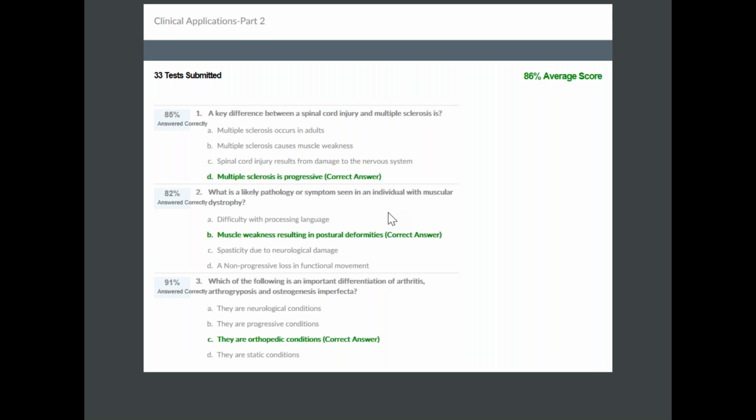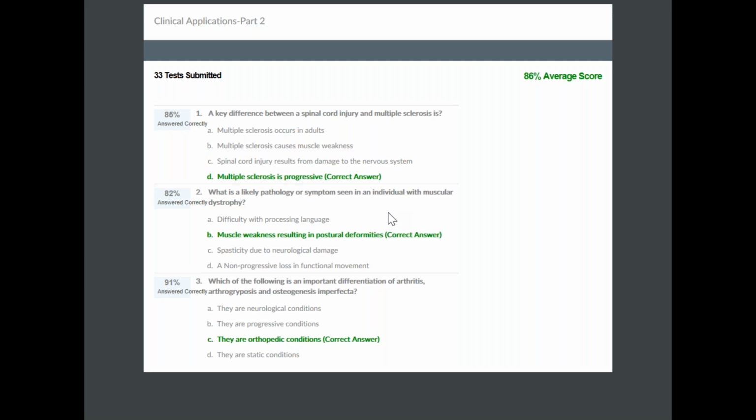Going back, the options were difficulty with processing language, no impairments with language, spasticity due to neurologic damage. No, muscular dystrophy usually doesn't have spasticity. Non-progressive loss in functional movement? Muscular dystrophy is progressive. So that is why the right answer is muscle weakness resulting in postural deformities.